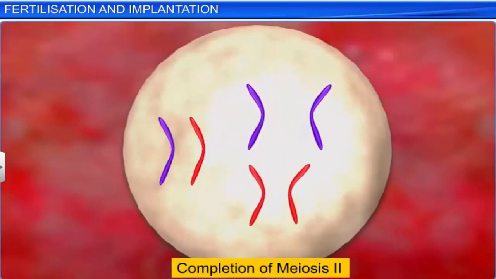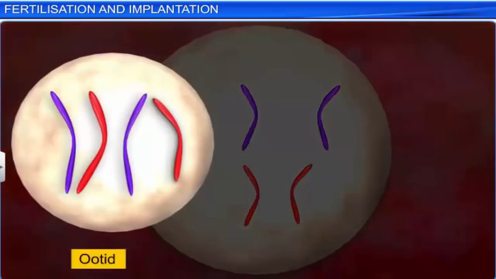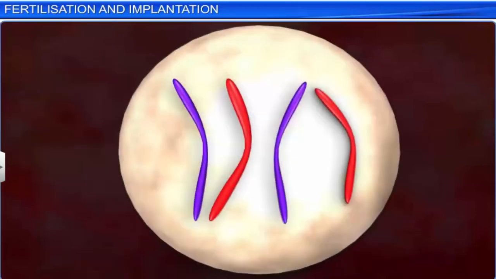However, this division, being unequal, results in the formation of 2 unequal bodies, a haploid ovum called ootid and a second polar body. While the second polar body degenerates, the ootid and the haploid nucleus of the sperm fuse together to form a diploid zygote.